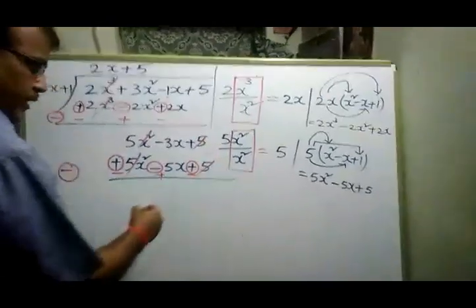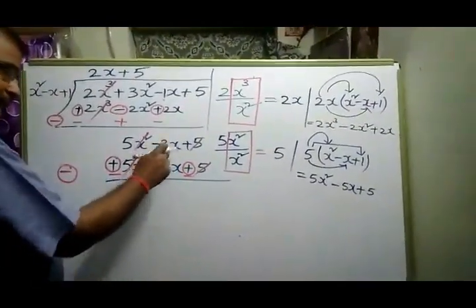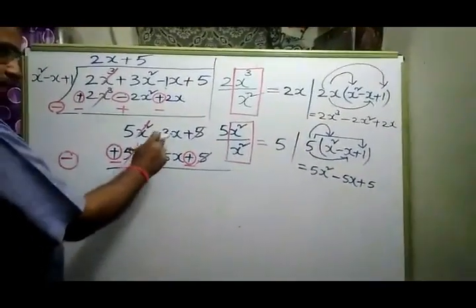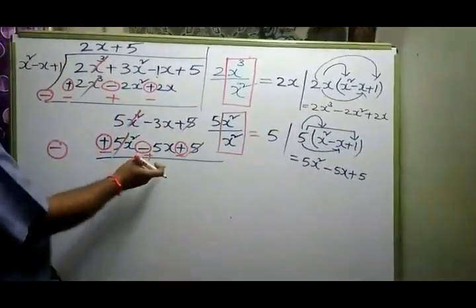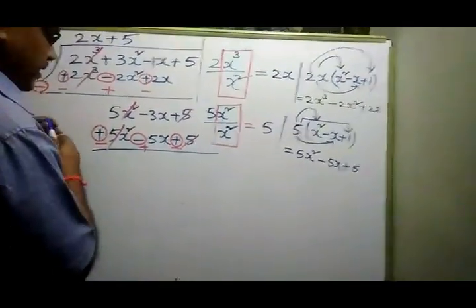Plus 5 minus 5 is equal to 0. Both are zeros. Only minus 3x plus 5x is equal to 2x. Result is 2x.